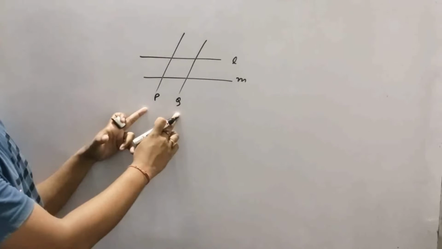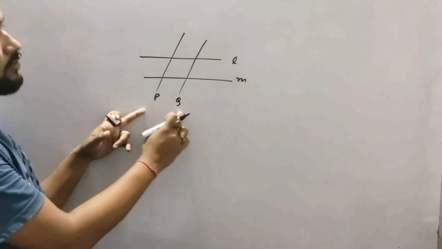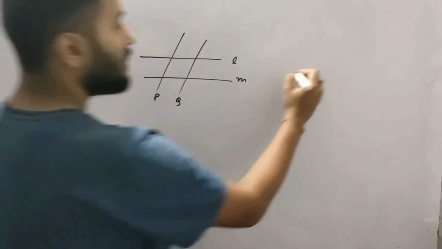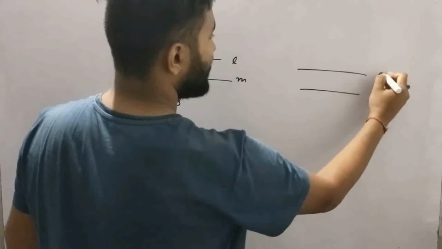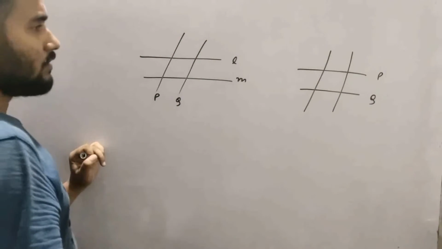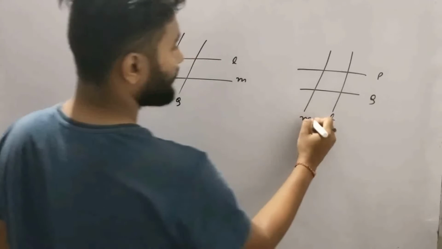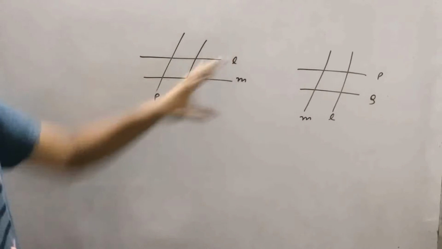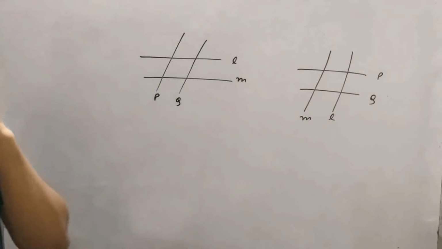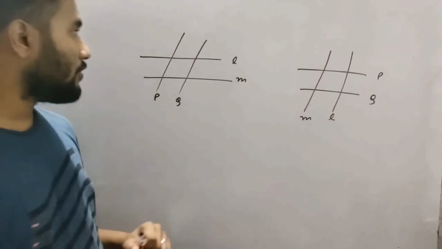Again P is also parallel to Q. So for P and Q, L and M are transversal. If I rotate this diagram, then P and Q, and over here L and M. So see, for L and M, P and Q are transversal. For P and Q, L and M are also transversal. So you have to understand the diagram.